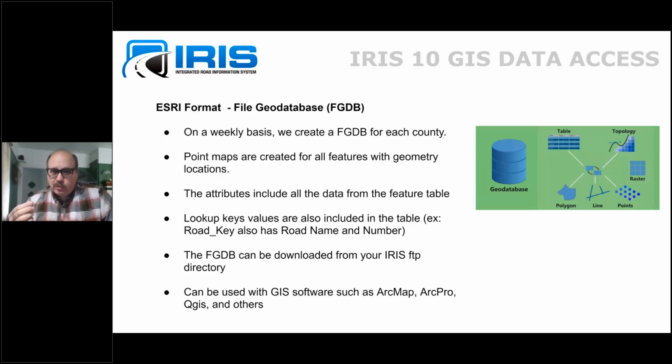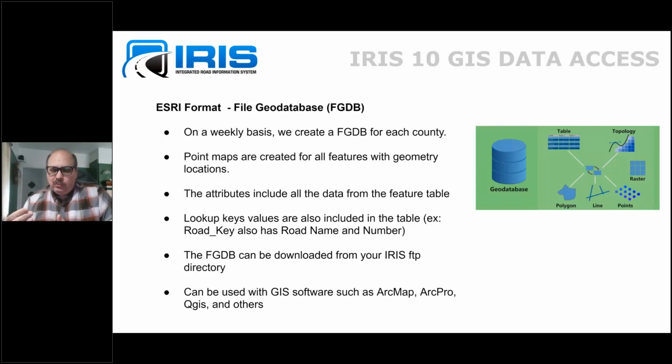But again, they are produced on a weekly basis. These file geodatabases have all the features with attributes associated with them as well, and those attributes are from the base table. Now, sometimes we have lookup values. For example, we keep road keys inside of bridge tables.